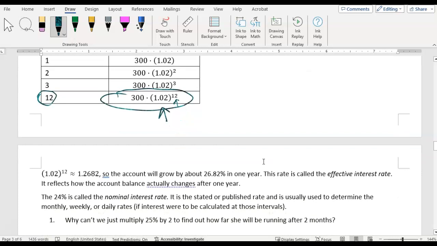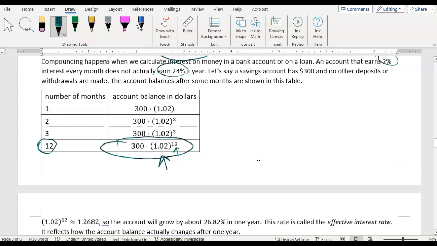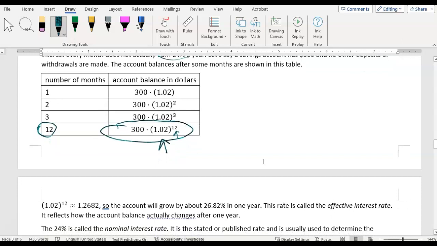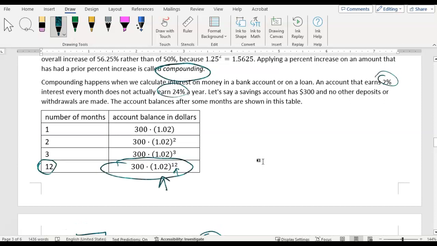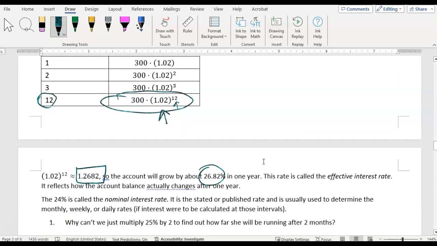The amount that we end up making is going to be multiplied by 1.2682. So that means the account is actually growing by 26.82%, not just 24%. That 24% is too small for the amount of interest that we're actually getting.